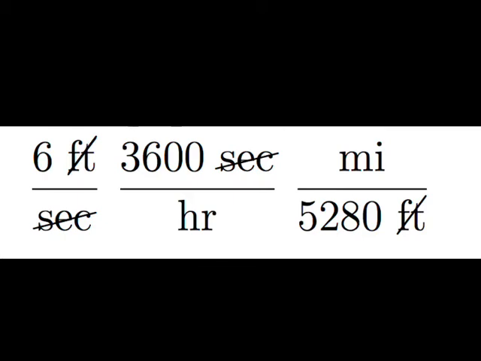Common units: volume, milliliter, mL, liter, capital L; mass, gram, lowercase g, kilogram, kg; temperature, degrees Celsius, degree sign capital C, Kelvin, capital K; time, second, lowercase s, minute, min.